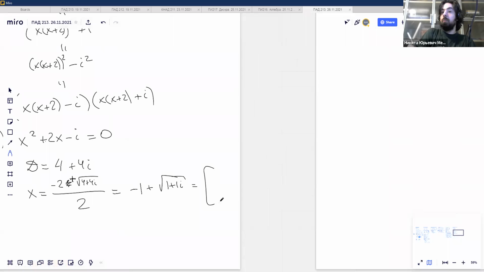So what is this root? Well, 1 plus i has argument pi over 4. Thus, when I divide it by 2, I get pi over 8. So it is minus 1 plus cosine of pi over 8 plus i sine of pi over 8, and that's not it. Everything is multiplied by square root of 2 because 1 plus i also has absolute value square root of 2.